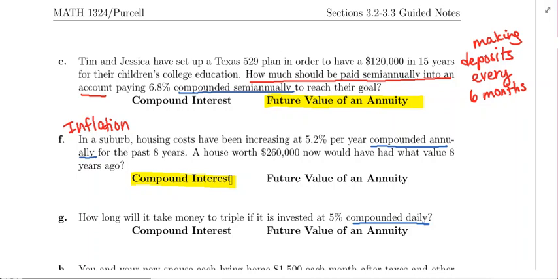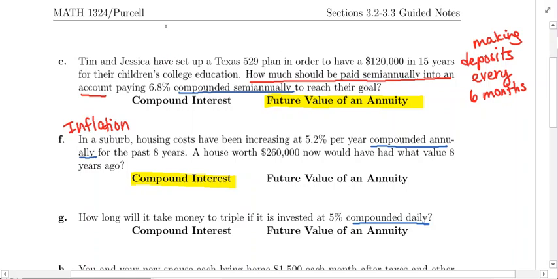So the moral of this problem, part F: anytime you have an inflation problem where the price of something is growing over time to be a higher value, inflation problems are going to work through compound interest.